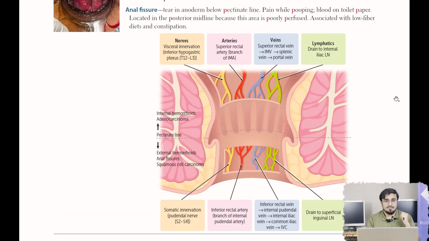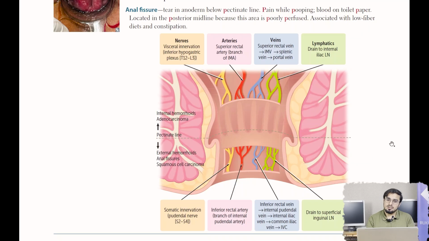Next high yield concept is about an anal fissure. Anal fissure is simply a tear in the anal mucosa, mostly in the posterior part of the anal canal below the pectinate line, and it's very painful. And when that happens, you cannot even do proctoscopy or do digital rectal examination of the patient because it exaggerates the pain the patient is already experiencing.